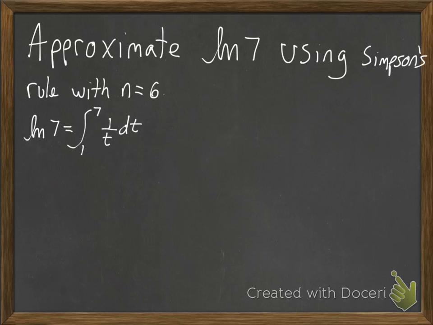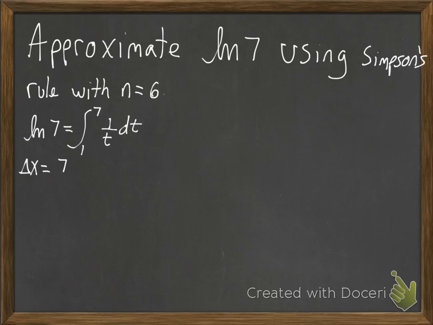So we essentially want to approximate the integral from 1 to 7 of 1 over t dt using Simpson's Rule.